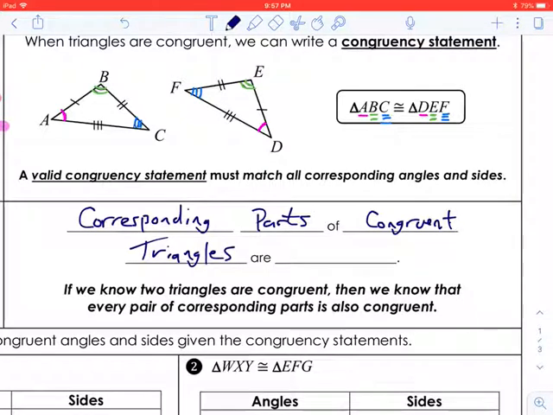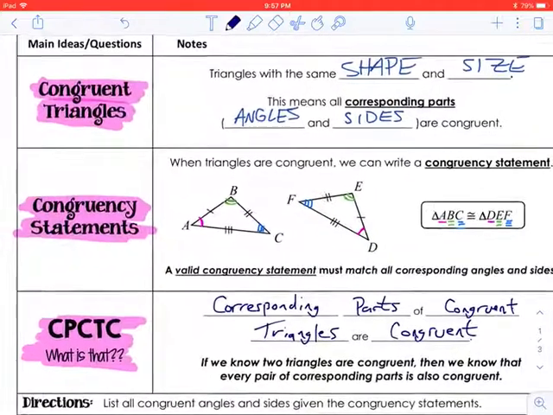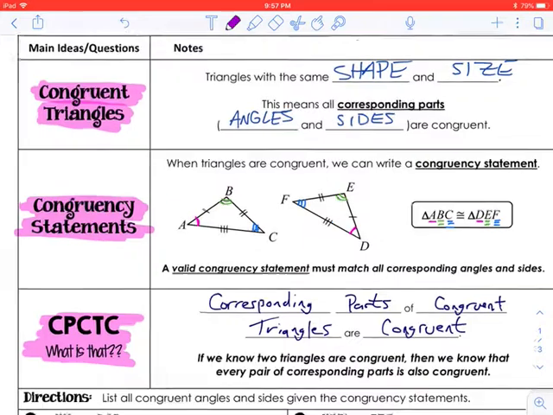So if you know two triangles are congruent, then you know their corresponding parts, their sides and their angles, are also congruent. Those three things are going to really help with talking about congruent triangles along the way.